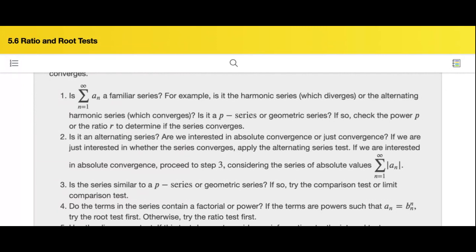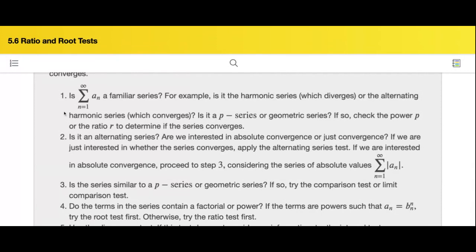Those are the easy ones. And also geometric series: you just check the ratio. If the absolute value is less than 1, it converges. If it's greater than 1, it diverges. And if it's less than 1, you even know the series converges to a certain number: the first term divided by 1 minus the ratio.